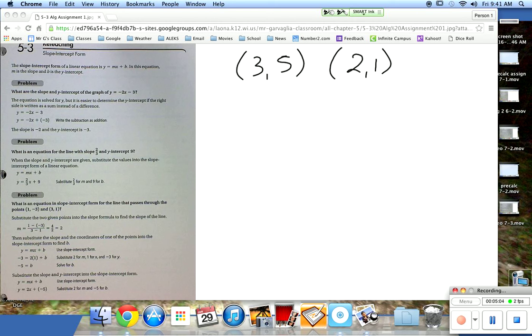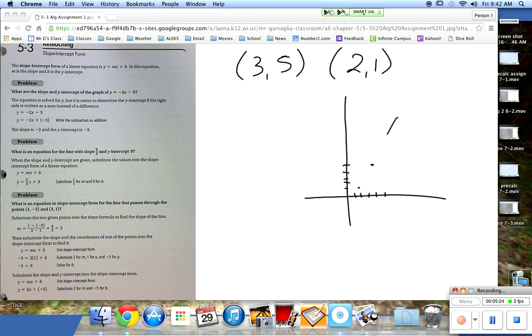I'm going to graph this real quick. Just take a look and see what this line really looks like. We're at 3, 5, and we're at 2, 1.